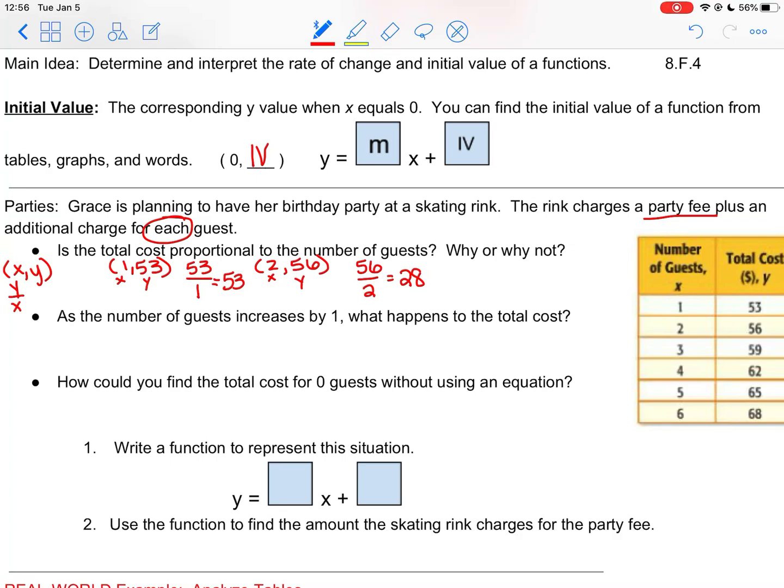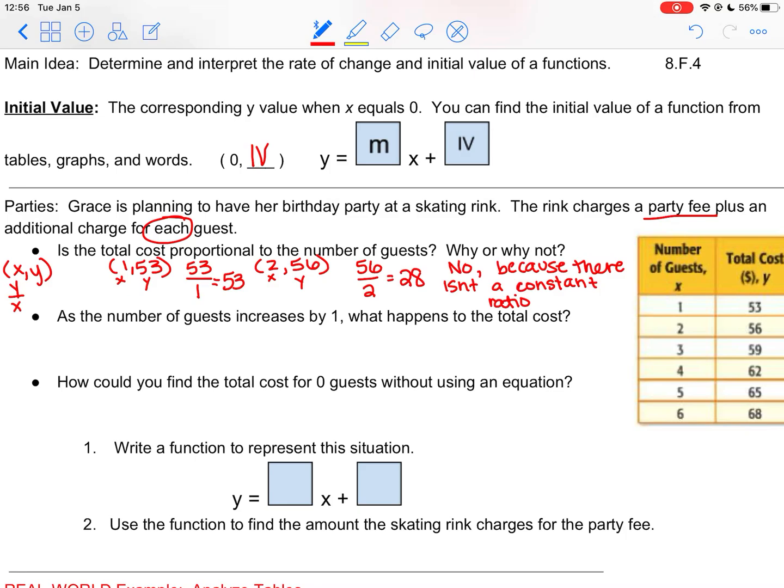So the first ratio is 53, and the second ratio is 28. This one is not proportional because there isn't a constant ratio. Since there's not a constant ratio, that means that there has to be an initial value.